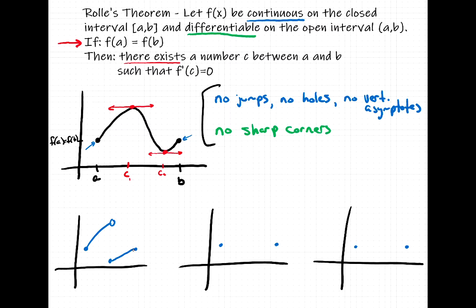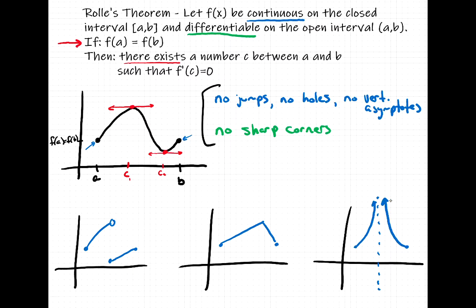There's no horizontal tangent line to that graph. There's a sharp corner. Something like that. There's no horizontal tangent line. Or if there's a vertical asymptote, there is again no horizontal tangent line.